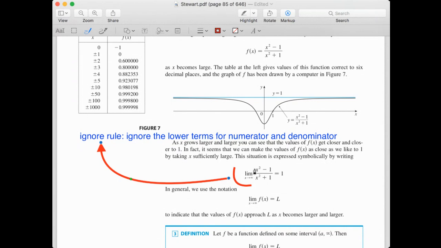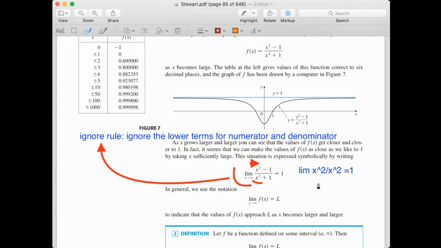So the leading term in the numerator is x squared. And similarly, take the leading term of the denominator. Ignore the lower terms. So the leading term is x squared also in the denominator. So then this becomes limit of x squared over x squared. Of course, something divided by itself is just 1. So limit of 1 is 1.